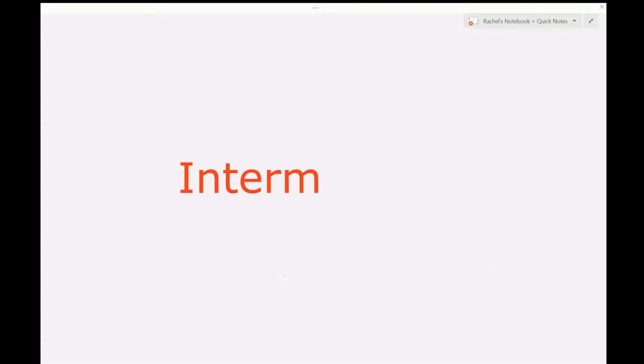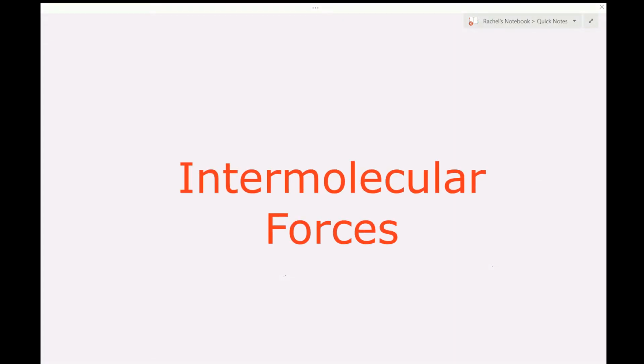Okay, so once we understand whether something is polar or nonpolar, that's going to help us begin to determine what kind of intermolecular forces we have, right? Our intermolecular forces, we call those IMF, intermolecular forces.